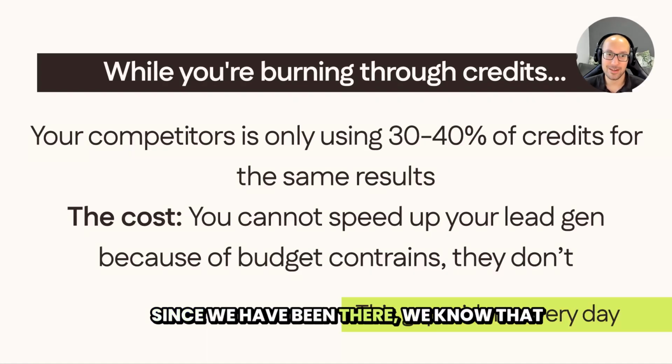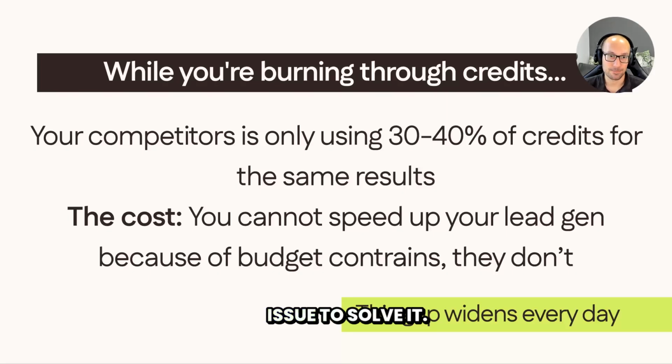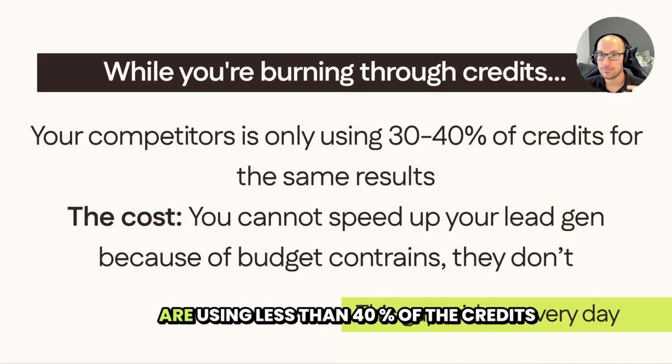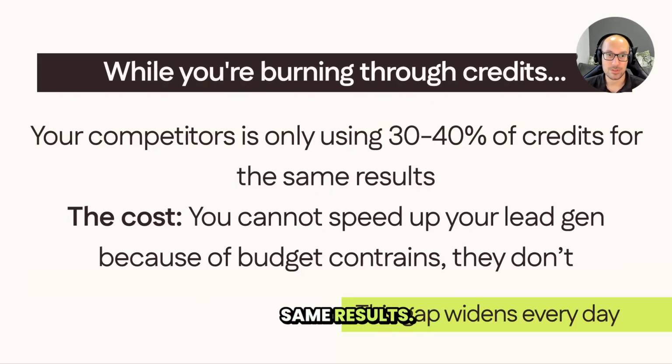Since we have been there, we know there are different ways to approach and solve this issue. And your competitors already know this: they are using less than 30 or 40% of the credits that you are using and achieving the same results.